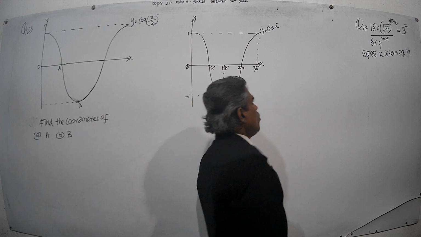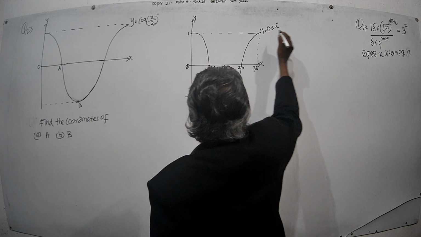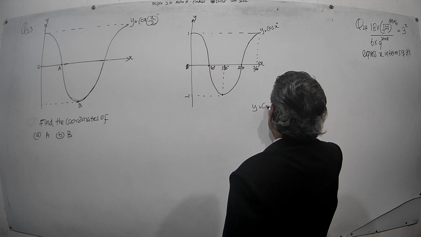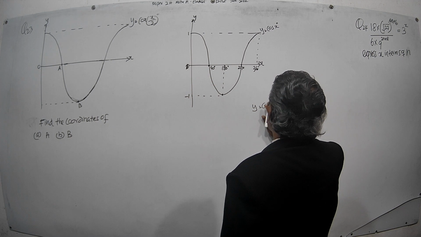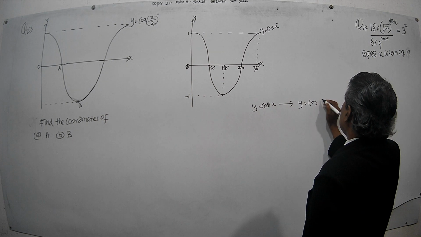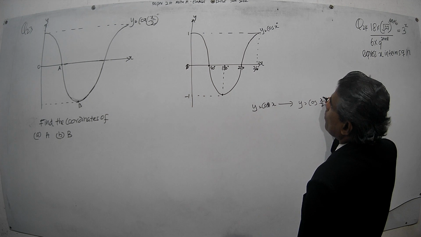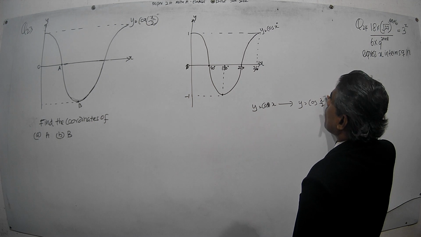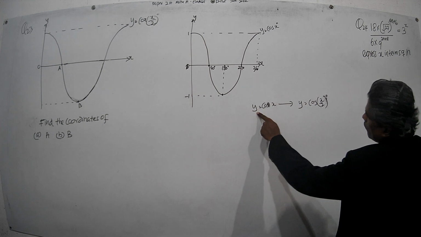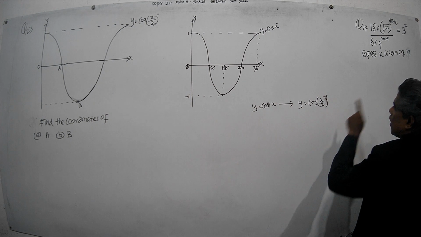Now what happens when y equals cos x becomes y equals cos x over 2?